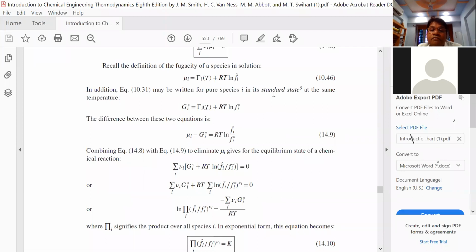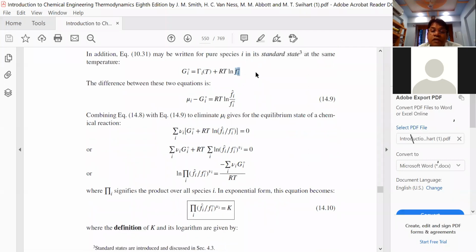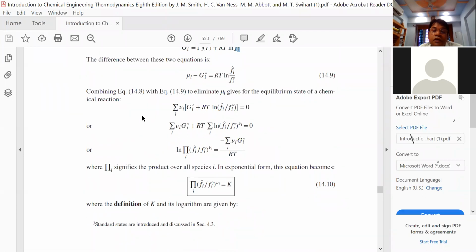Similarly, standard states for gases and liquids are there. Then we can incorporate another equation with the standard state fugacity, which is fi0. Manipulating these equations, we will get ln of the product of fi to fi0 to the power nu i is equal to the right hand side.